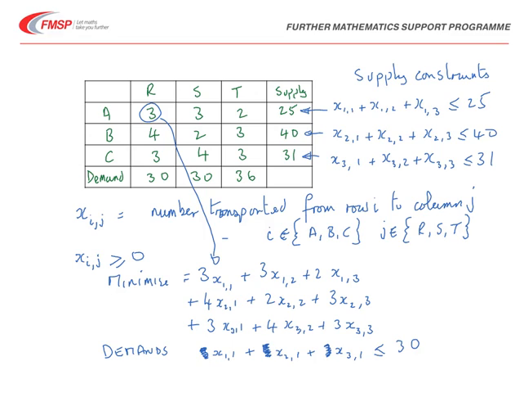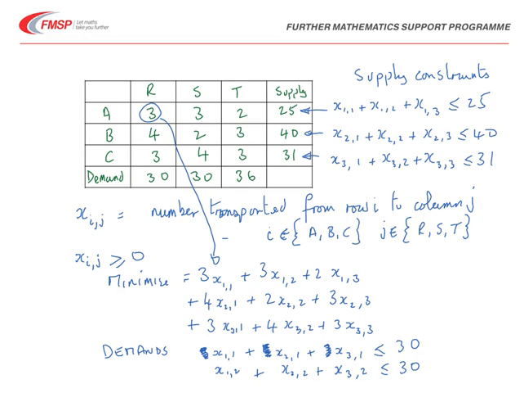And then if we move along to S, for S it's the second column, so it's x12 plus x22 plus x32. And that's the demand for S, and that's also less than or equal to 30.